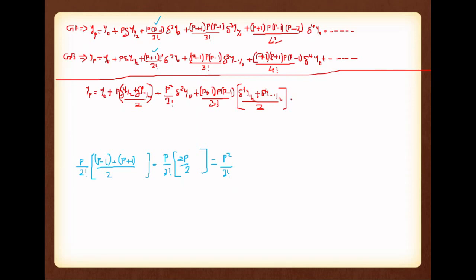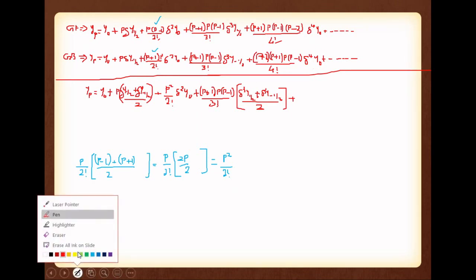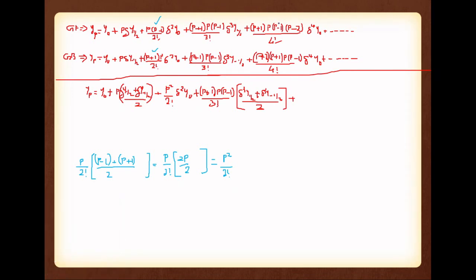Now plus, here you can see that theta raised to 4 y0 is common. What is different is this one, so we have to take the average of these two. In these two terms, (p plus 1) into (p minus 1) divided by 4 factorial is common. What is remaining? Here we have p minus 2, here we have p plus 2.